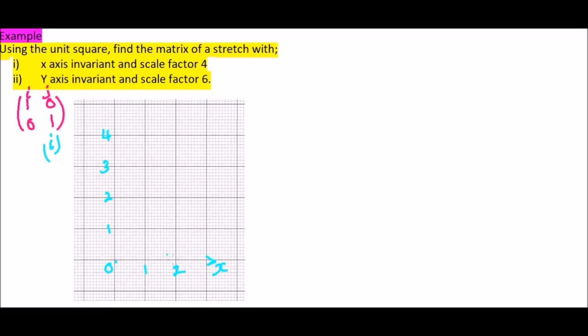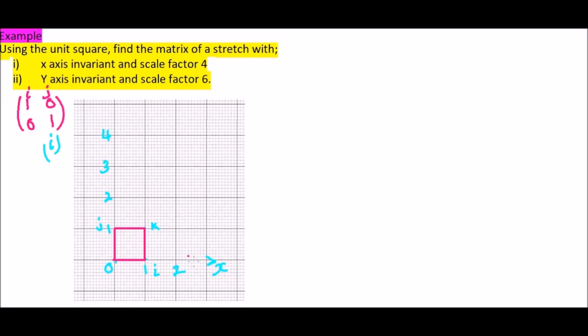So our unit square is there, where this is our j, this is our k, this is our i. Let's first join the four points to come up with the unit square.